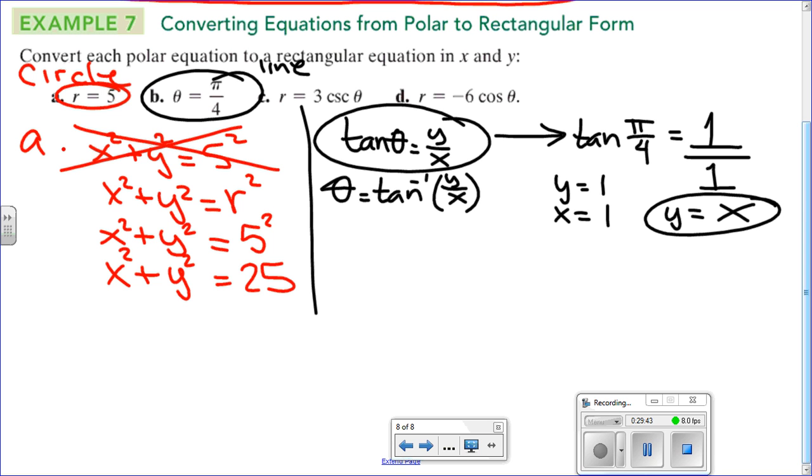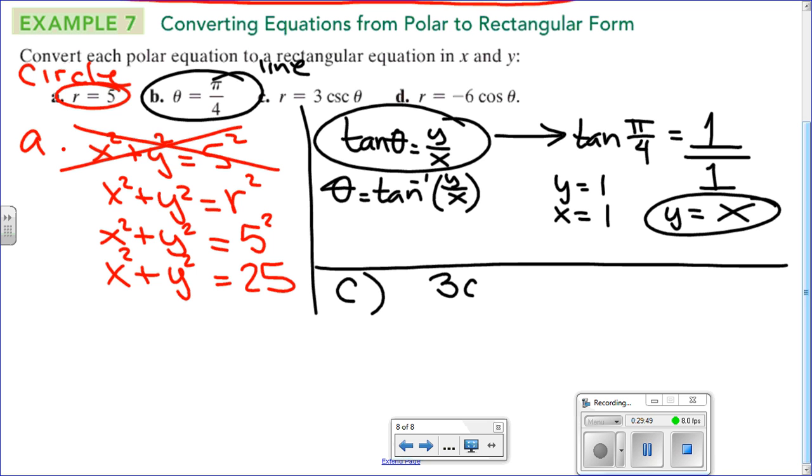Okay, the next one, part C. We have r equals 3 cosecant of theta. Okay, so let's go ahead and use first a reciprocal identity.